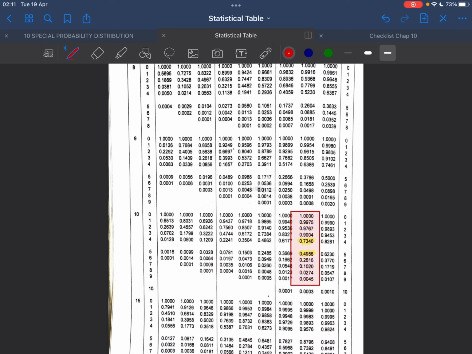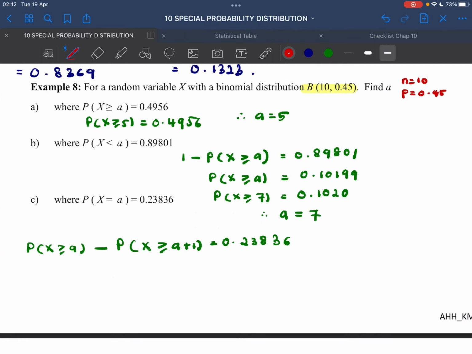Sampai bawah lah, tertinggal pula 10 tu. Alright, so kita tengok 0.7340 minus 0.4956, which is kita ada 0.2384.